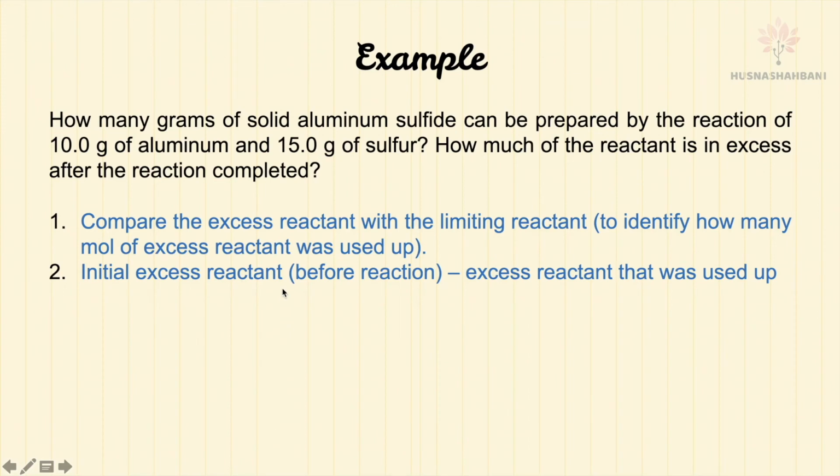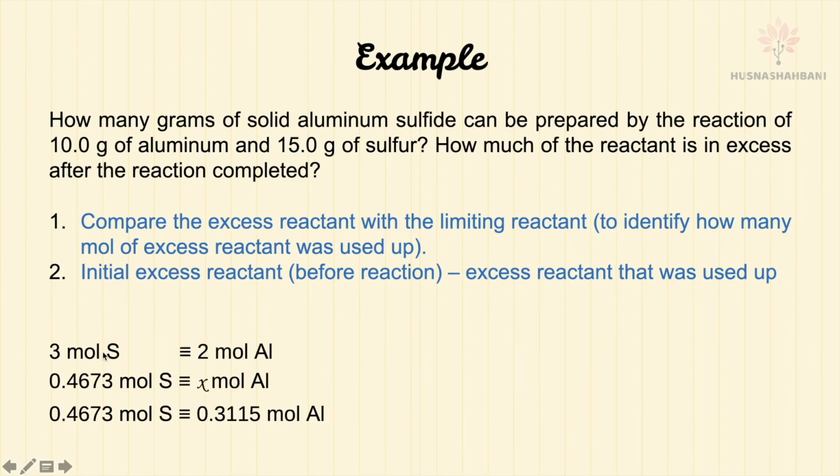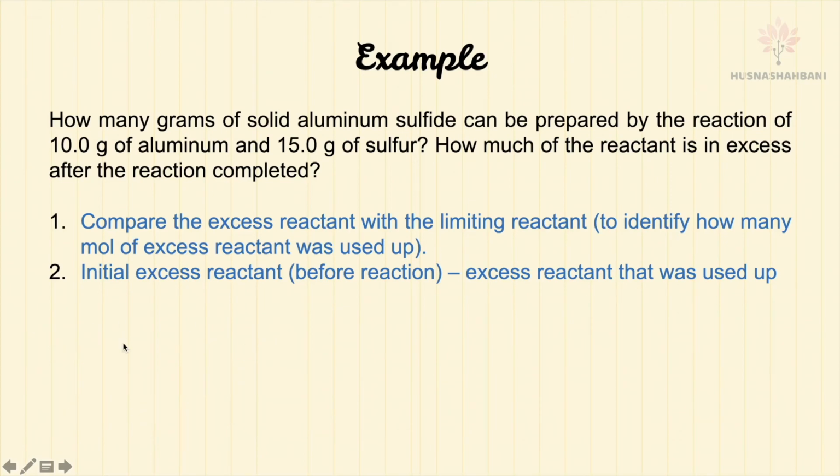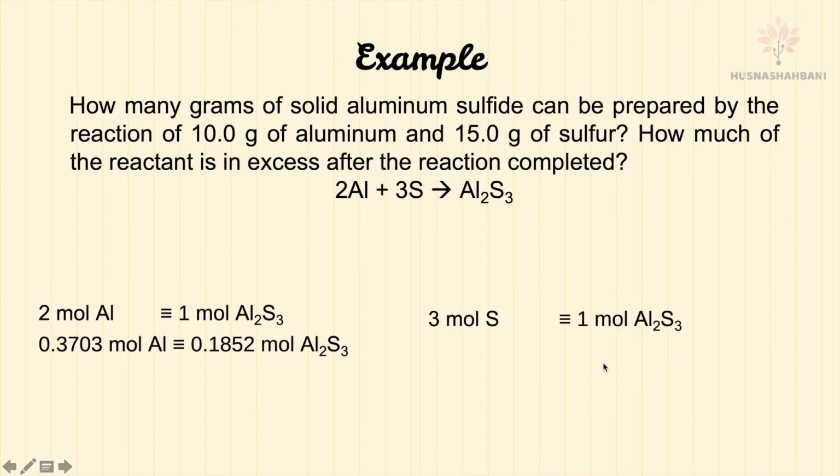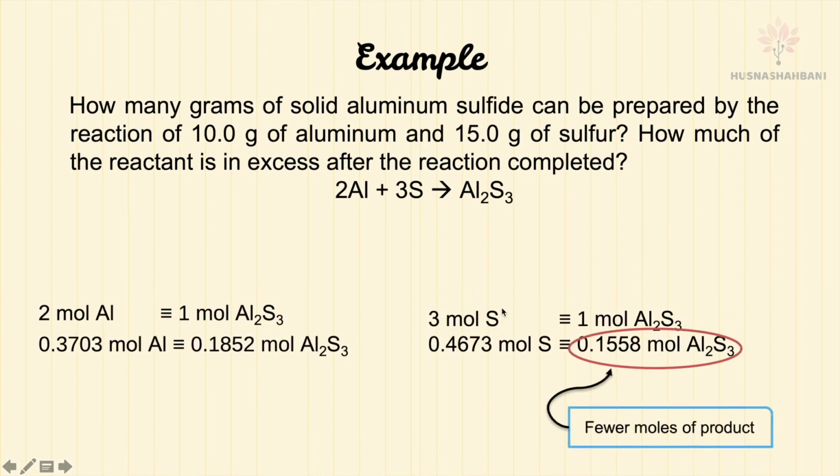We want to know how many is excess, so compare both reactant together, and then the initial excess reactant, meaning before the reaction, minus the excess reactant that was used up. Then we get the reactant in excess that is left. 3 mole of S is equivalent to 2 mole of Al. Compare the excess with the limiting reactant. We get from the previous one, the S is the limiting reactant, so Al is the excess reactant.